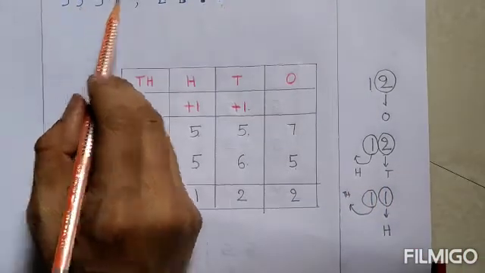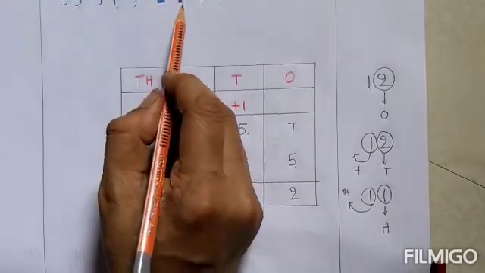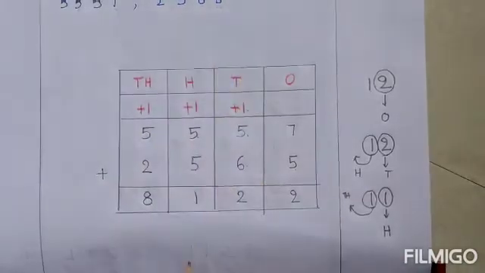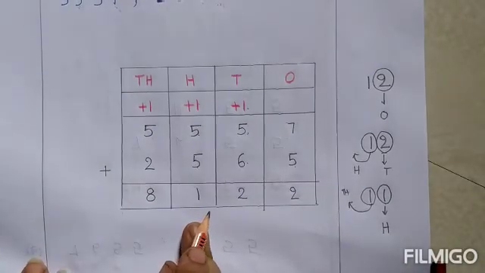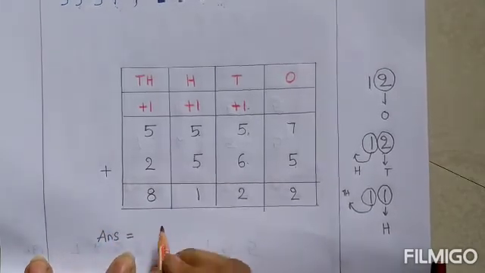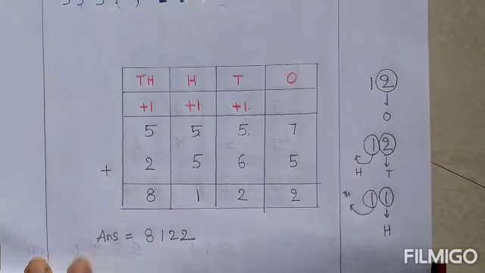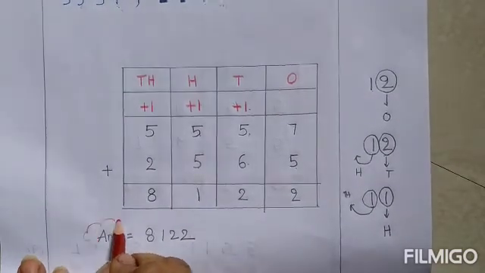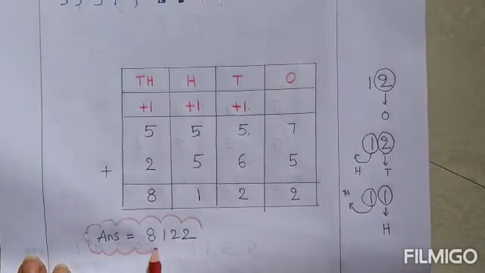Now after adding these 2 numbers, 5557 and 2565, what is your total? 8122. Here we will write answer is equal to 8122 and make a cloud.